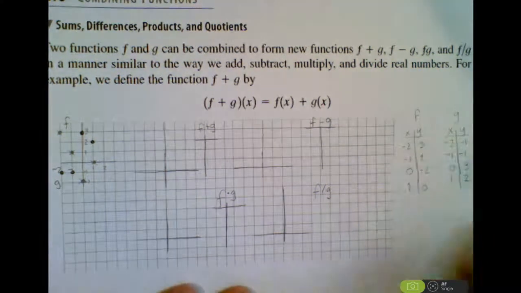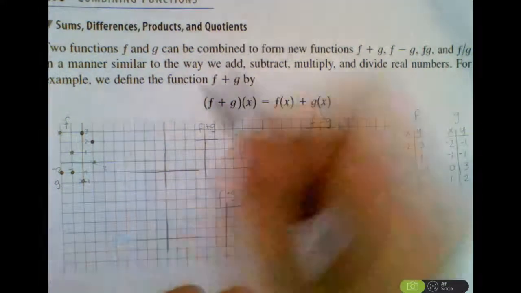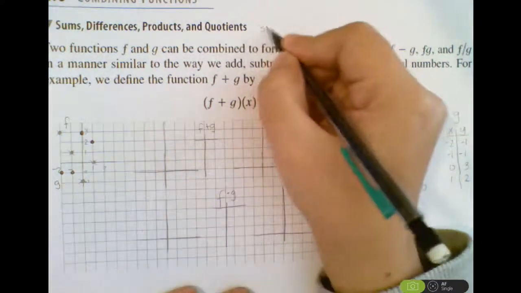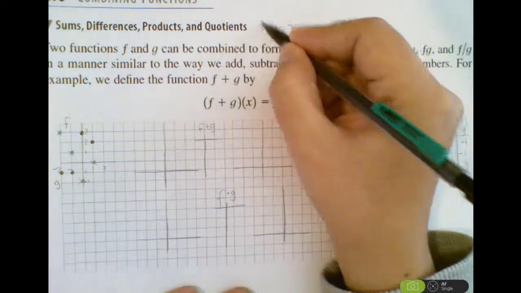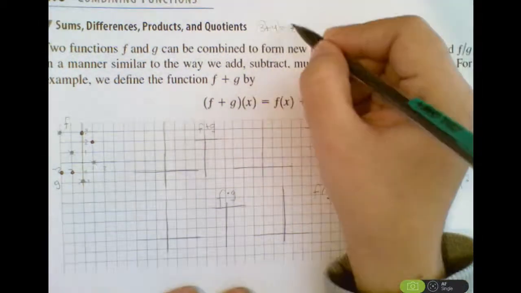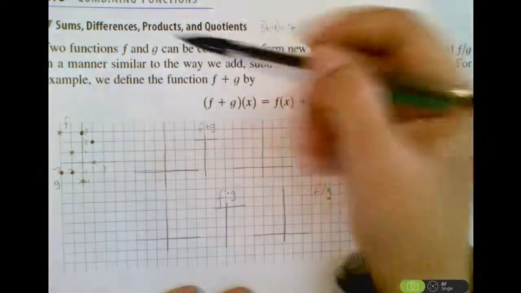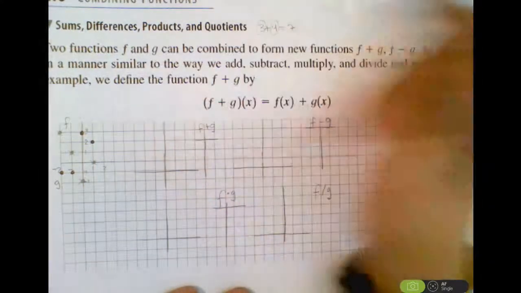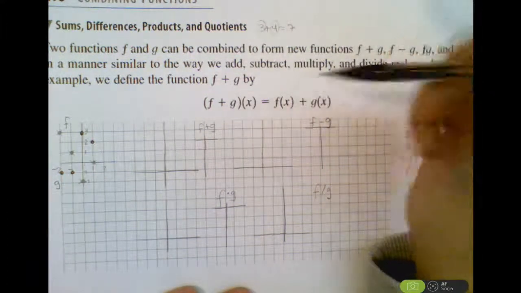But let's just start with the concept of how we're going to be able to combine functions. The same idea as when we were adding numbers. For example, 3 plus 4 gives me 7. If I have a number and I add another number, then the answer gives me another number. So the same idea here with functions. If I have two functions and I add them, the result is going to be a different function.